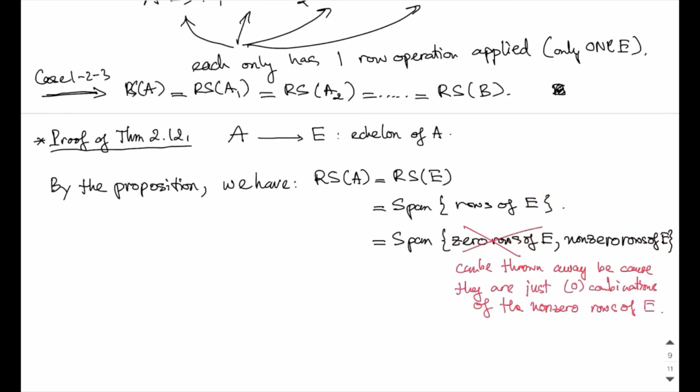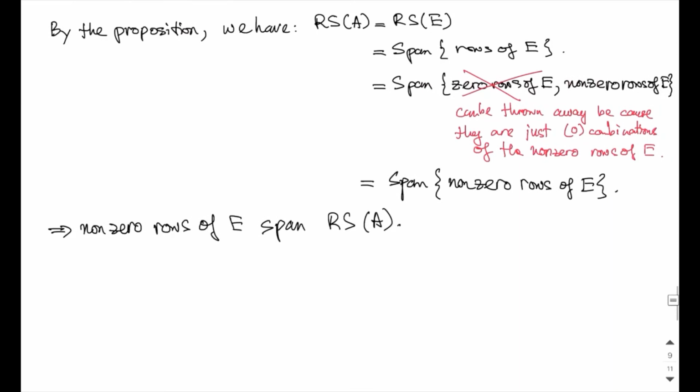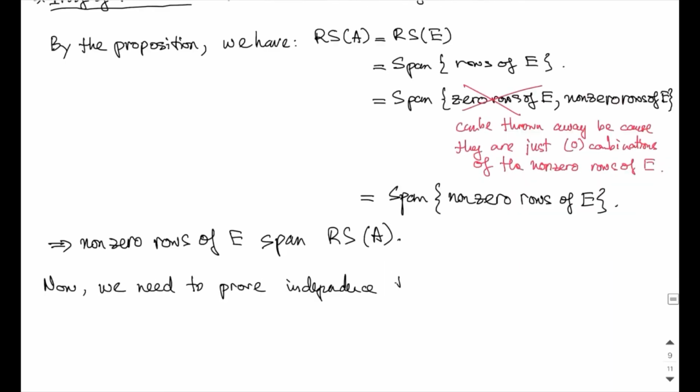After you throw them away, what's left is the span of the non-zero rows. So this implies the non-zero rows of E span the row space of A. All right, so next we are going to prove the independence to conclude they form a basis for the row space of A.